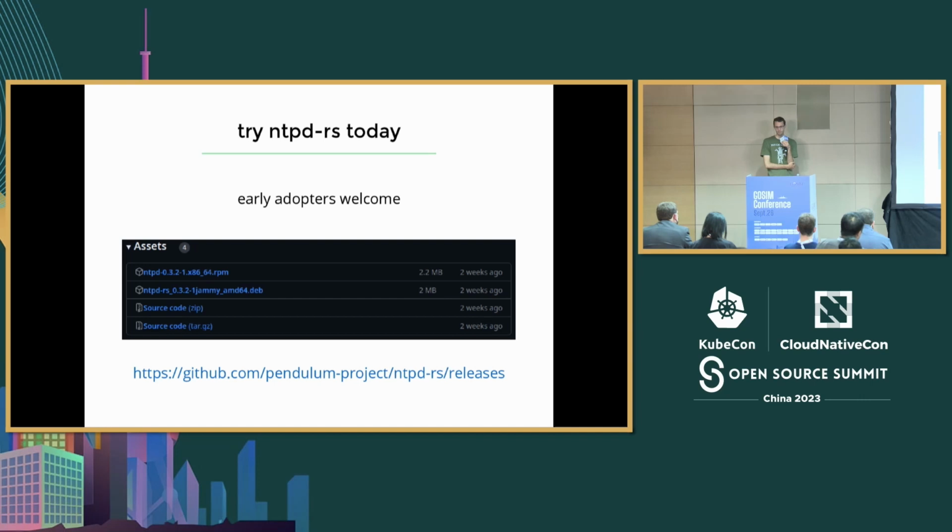So if you want to try ntpd-rs today, you can. It's now much better, actually, than even a month ago, because we actually have documentation now, good user documentation. We provide installers on Linux that you can just get. And for FreeBSD, there's actually also an installer through their infrastructure.